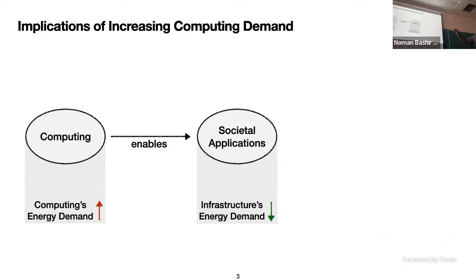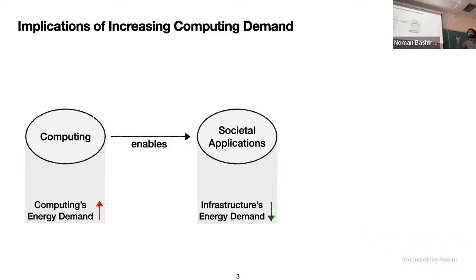And computing enables these different societal applications that we use on a daily basis. Some of those applications may be making things more efficient. For example, there could be ride sharing apps that allow you to make use of the same car, so more people get to share that car, and overall maybe the carbon footprint or the energy that goes into manufacturing a lot of cars is reduced.